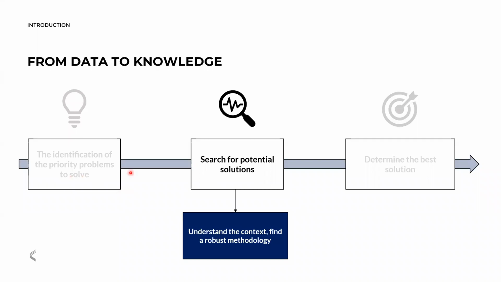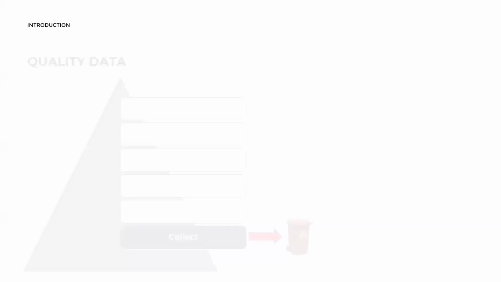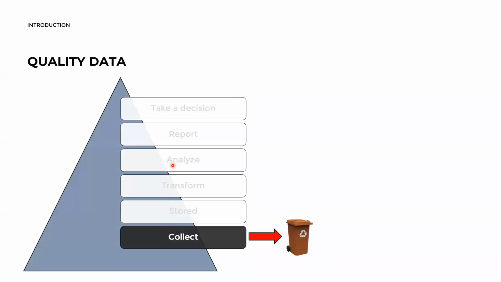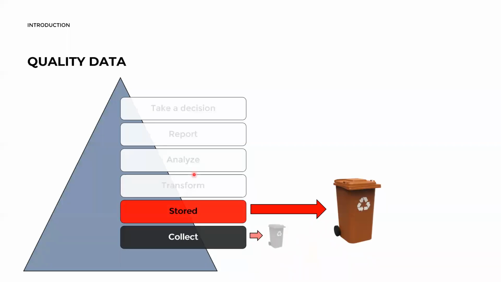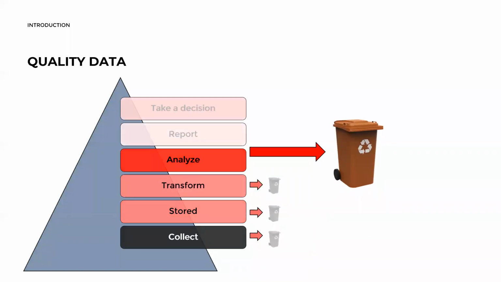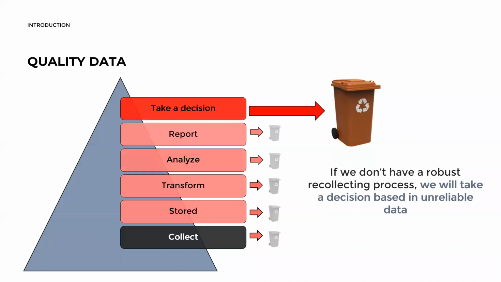So after asking the right question, we should determine a robust methodology. What I mean by that is, for example, if we use RPE to monitor internal load, and one day we collect it 30 minutes after the practice, the next day the question has changed, or the athletes don't have education, we will collect unreliable data, we will store unreliable data, we will analyze unreliable data, and we will take a decision based on unreliable data.